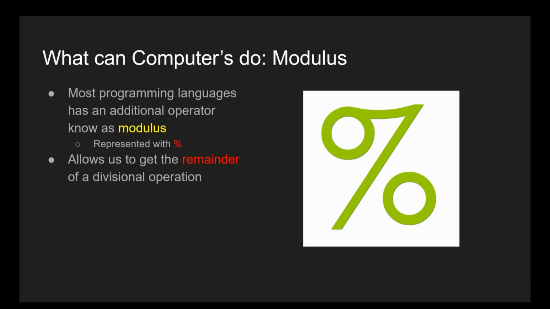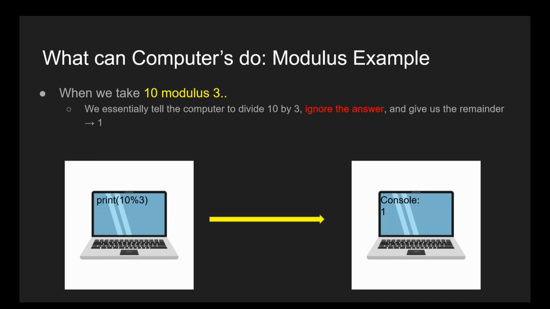For example, when we take 10 modulus 3, we are essentially telling the computer to take 10 divided by 3, ignore the actual answer and just give us the remainder of that operation. In this case 1, since when we divide 10 by 3, the answer is 3, remainder 1. The 1 in this case is what gets printed out to the console.